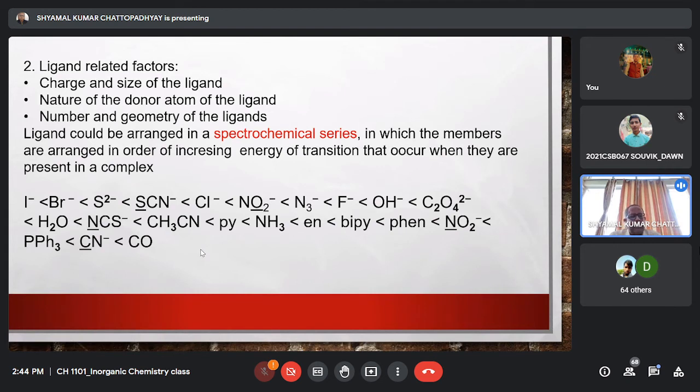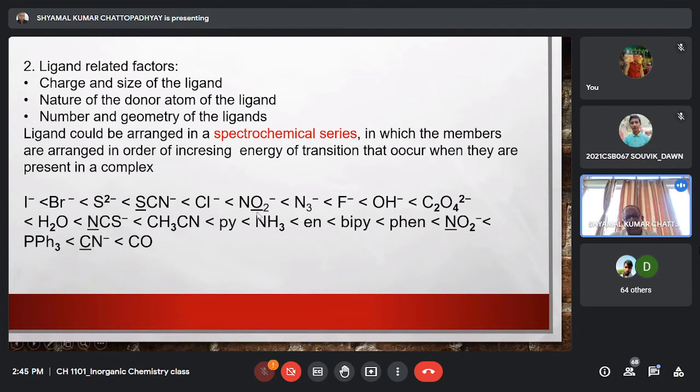As a result, the metal-ligand bond distance in N-bonded thiocyanate will be much shorter, and in S-bonded thiocyanate much longer. So N-bonded thiocyanate produces a much stronger crystal field than S-bonded thiocyanate.